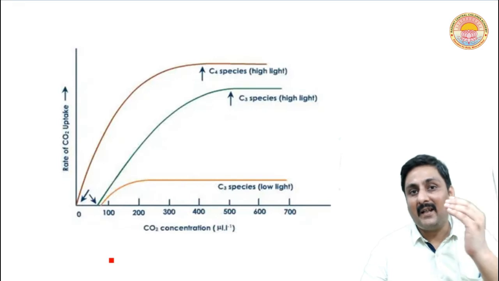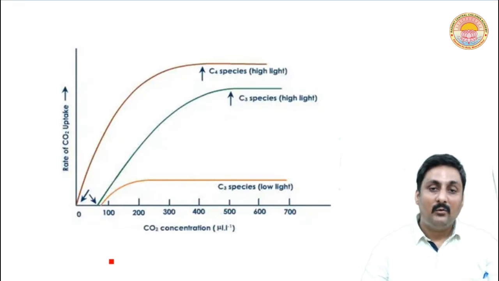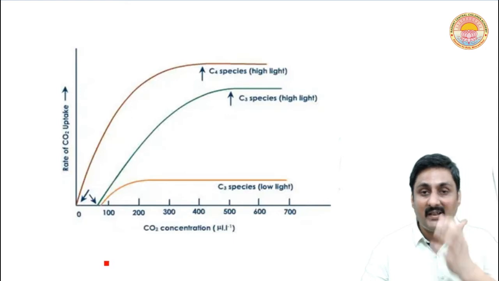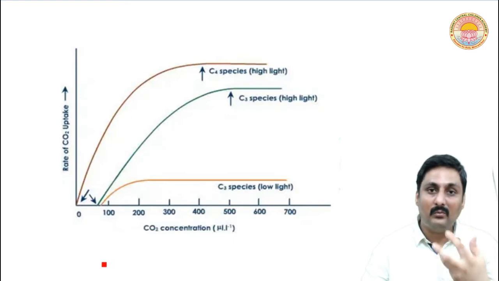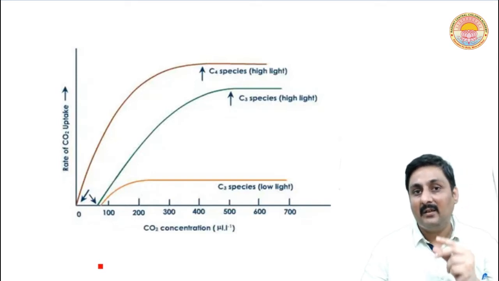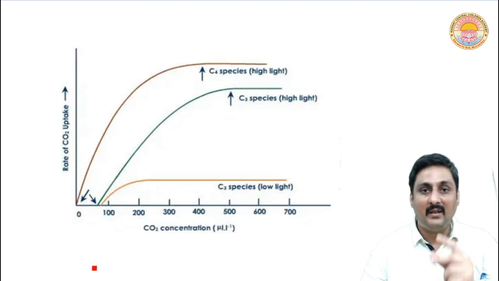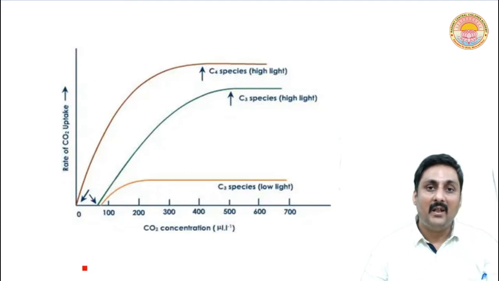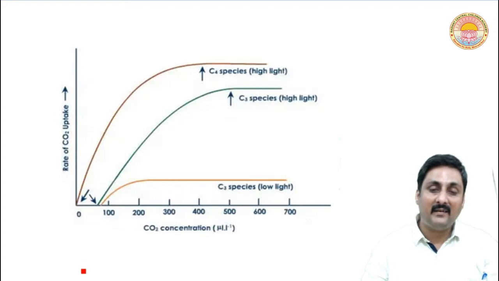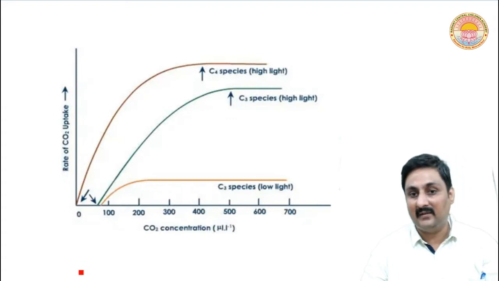They are in direct contact with the air. So you know that the amount of oxygen present in the air is more as compared to carbon dioxide. So rubisco enzyme will get attached with oxygen rather than carbon dioxide, and photorespiration can occur. In that case, rate of photosynthesis will decrease.